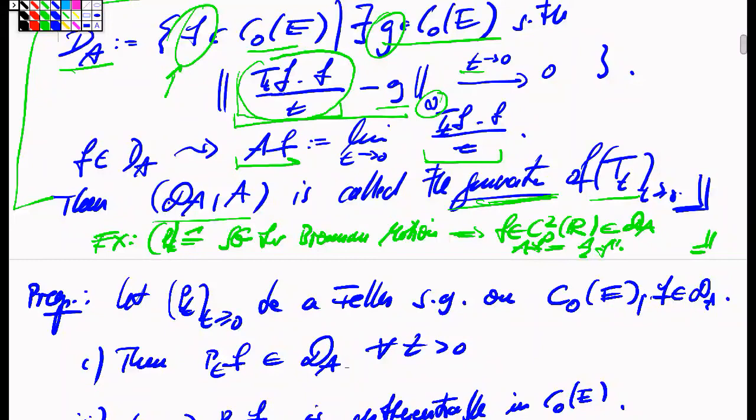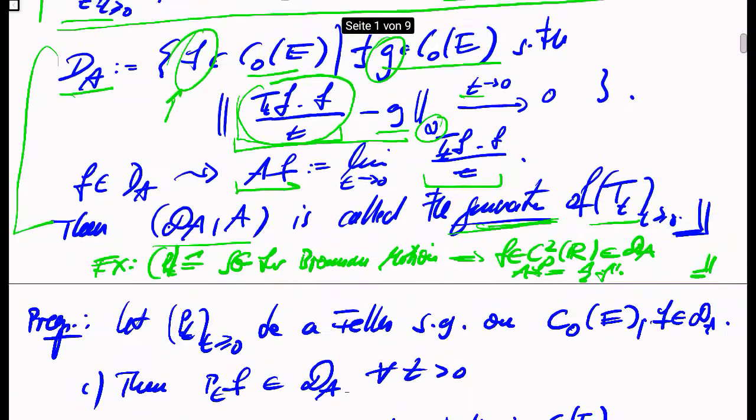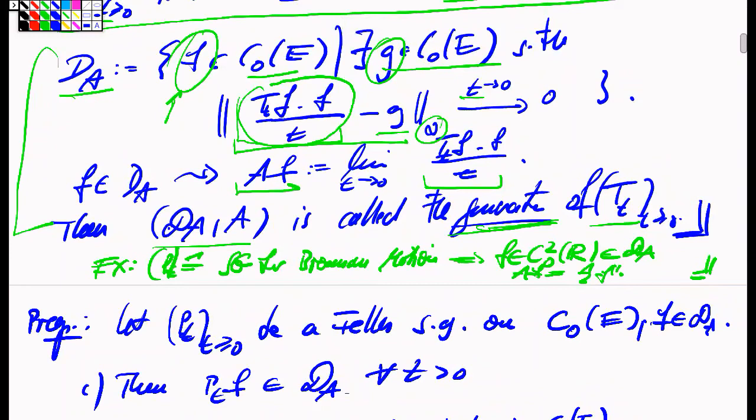One of the main aims of today's session is to complete this example by not only showing that if a function f has these regularity properties, then it belongs to the domain of the generator of Brownian motion, but we also want to give a full characterization of the domain D(A) in the Brownian motion case by saying that if a function is in the domain of the generator of Brownian motion, then it must necessarily have these regularity properties.